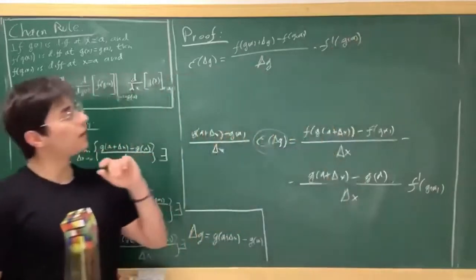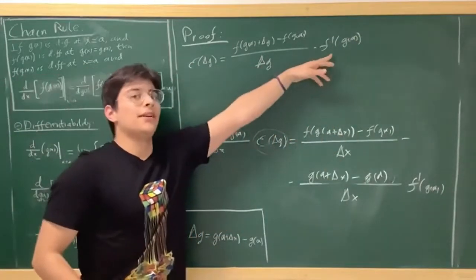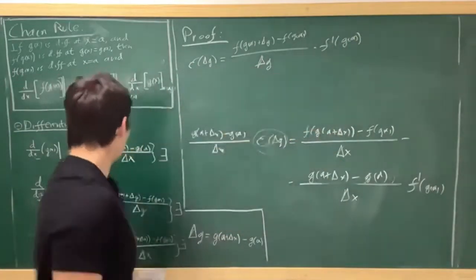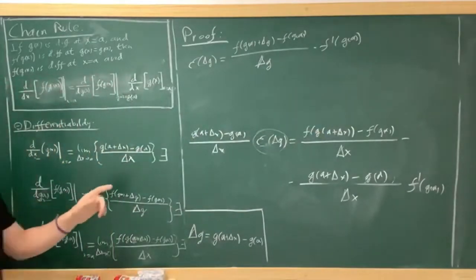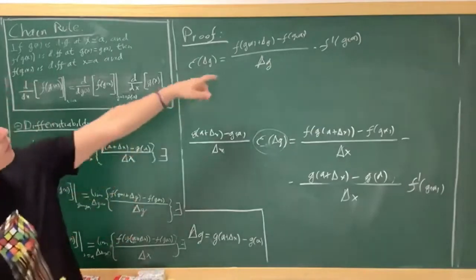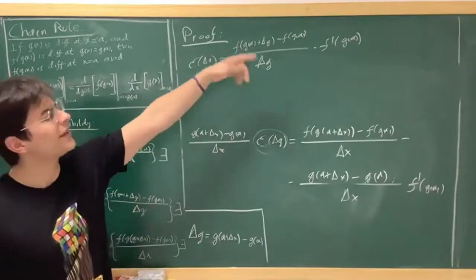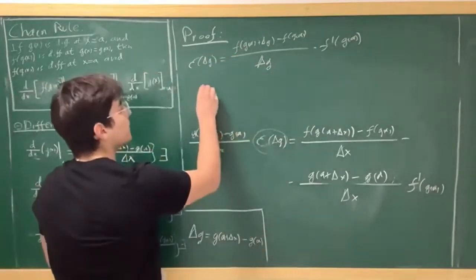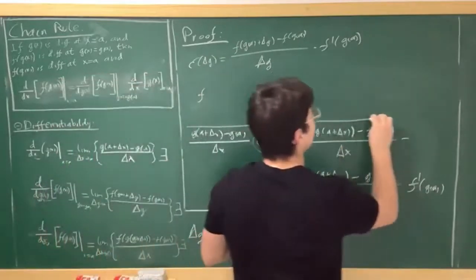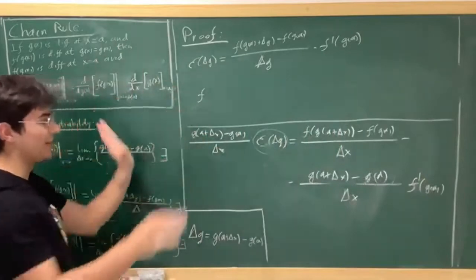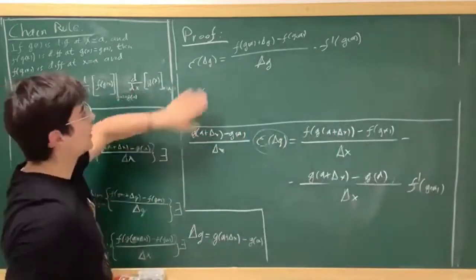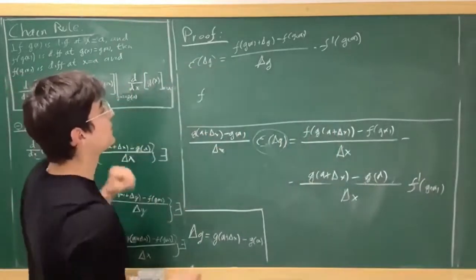Now, how have we defined f prime? Well, we have defined f prime here as the limit when the increment in g goes to 0 of that. So if we isolate this, I'm just going to write this here, because this is like an incision, right? It's just a separate thing just to calculate this.